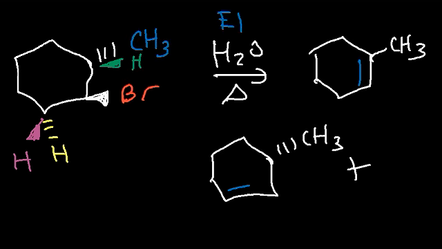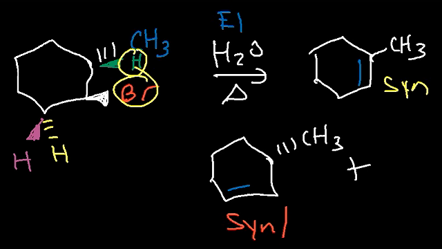So to get this product, it has to be syn elimination because these two are on the same side. Now to get the other product, it can be syn or anti because we can remove both for the E1 reaction.